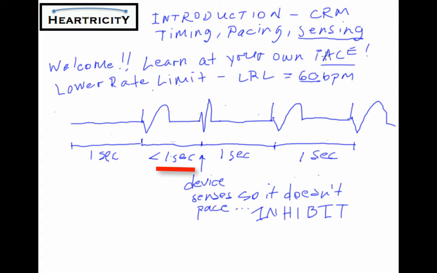So again, there's this pacer spike, and then prior to the 1 second elapsing, the intrinsic beat came in. So again, the less than 1 second note here is just to reinforce that that intrinsic beat had to come in less than 1 second after that last pacer spike.